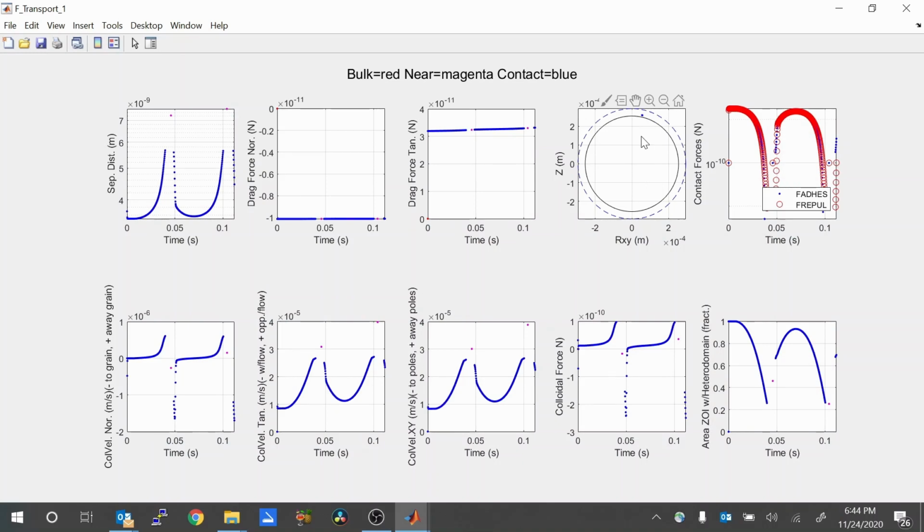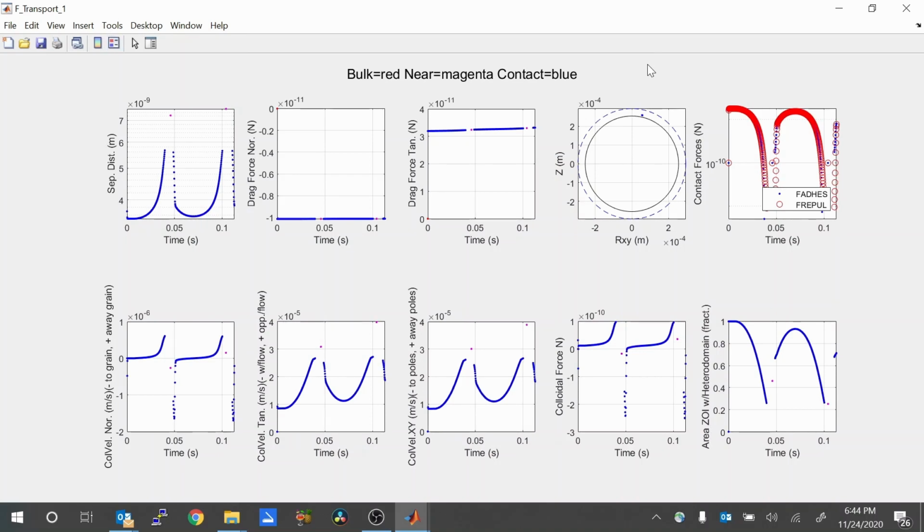If it had a lesser surface coverage by heterodomains, remember this one is 50% coverage, so they're quite frequent. If it had a far lower frequency, like the values we back out for glass beads, somewhere around 0.01%, right? Much, much smaller prevalence of heterodomains. And so it would be very, very different.